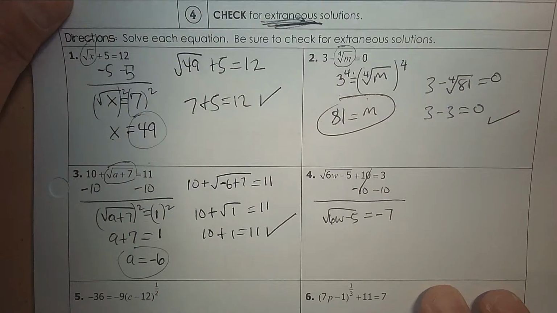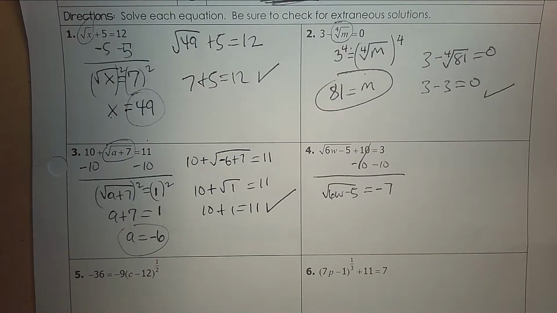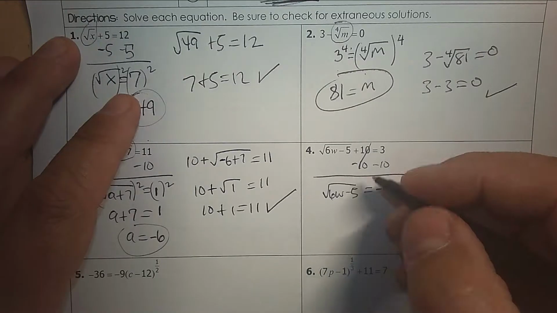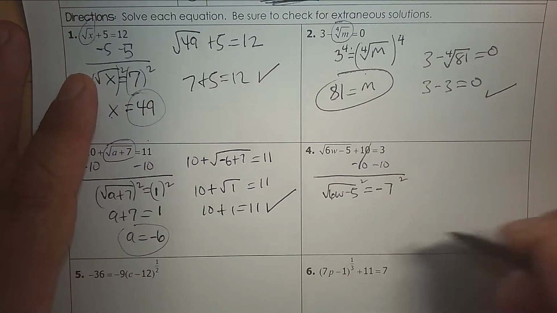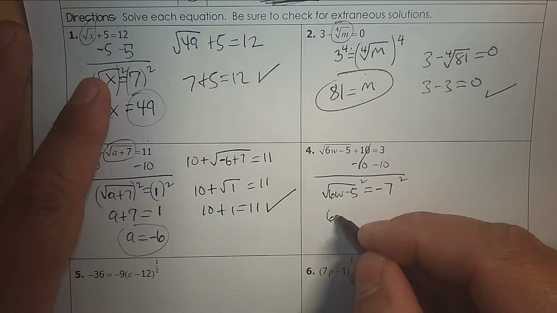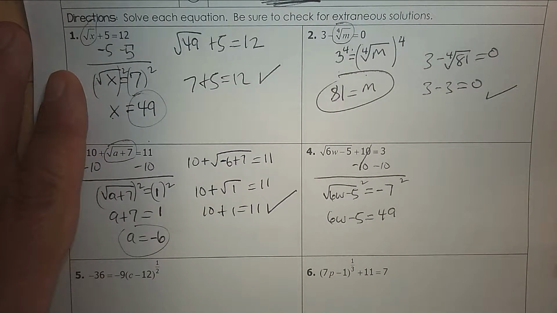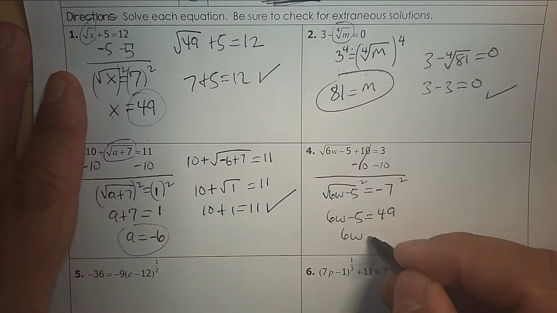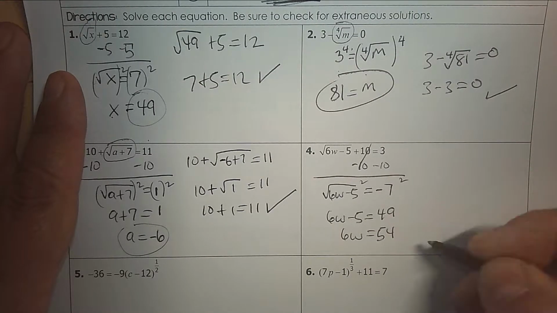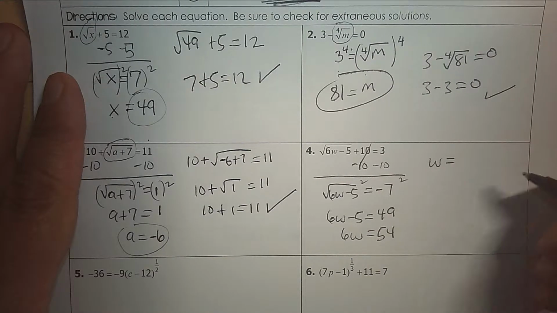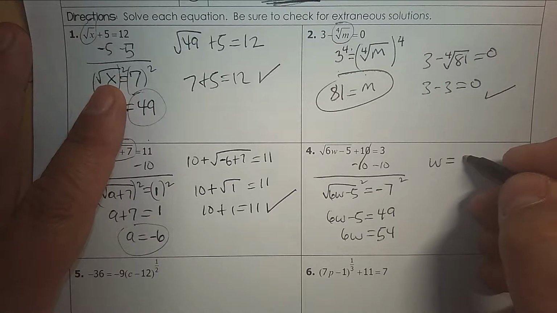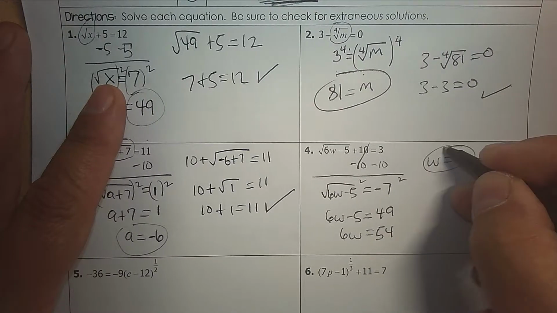How do you undo a square root? And then what do you get? Then what would you do? Does 6 go into 54 evenly? How many times?